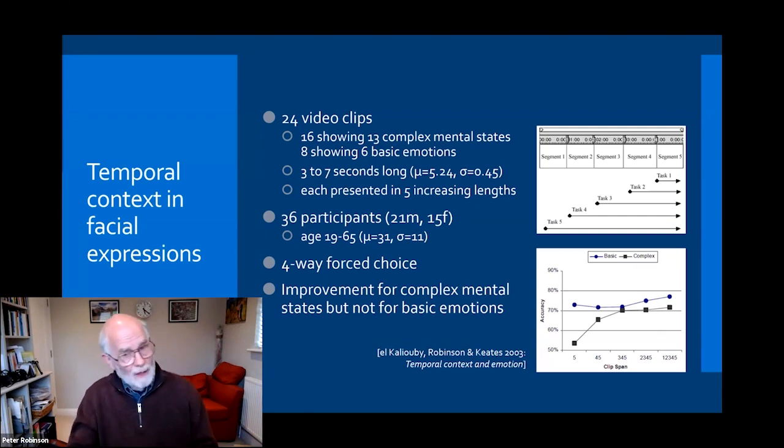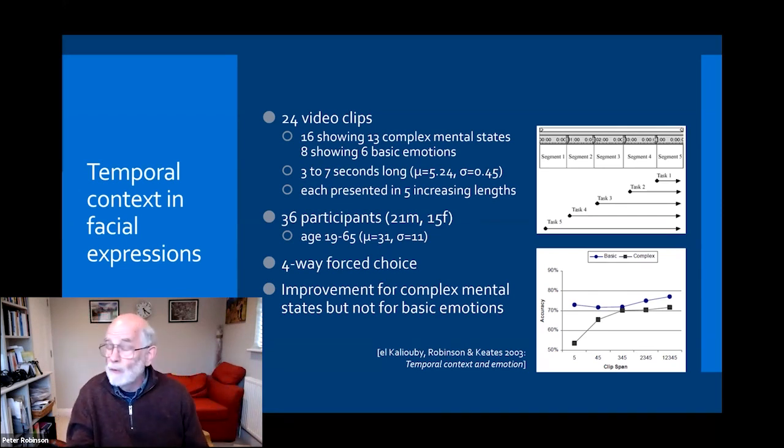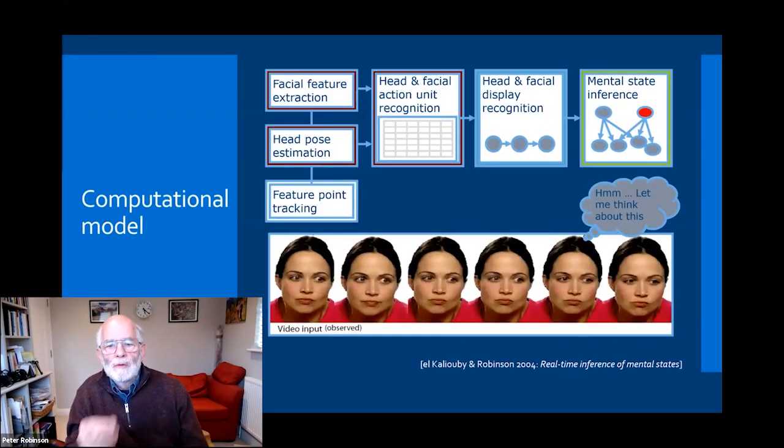And so I had, as is the way of academia, a very bright research student who put together a system that actually did this. So tracking feature points on the face, around the mouth and the eyes, you can work out the head pose, whether it's up, down, left, right, and then also the various facial features.